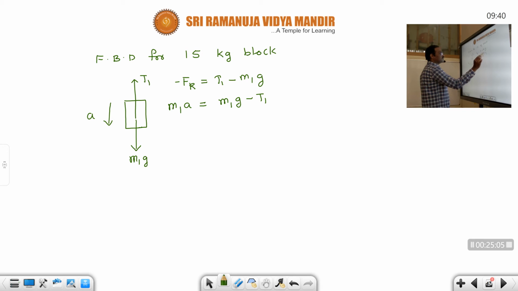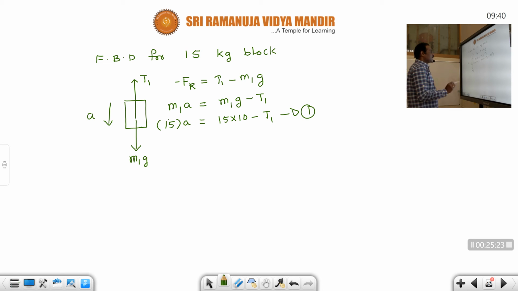Say this is equation 1. Here m1 is 15 kg, so the acceleration a is equal to 15 into 10 minus T1. I am taking this as equation 1.